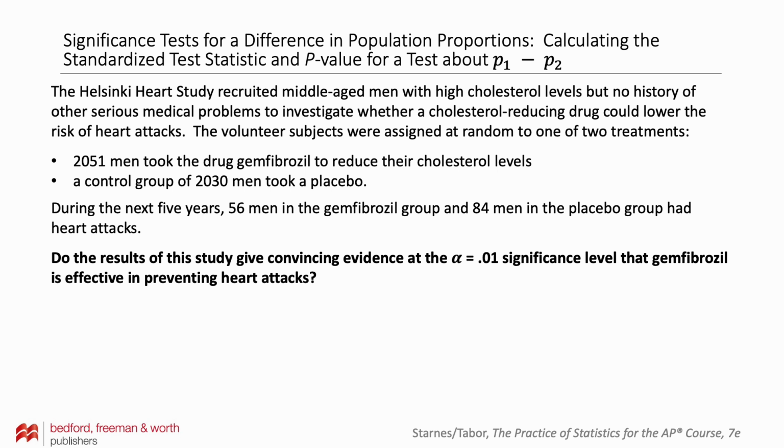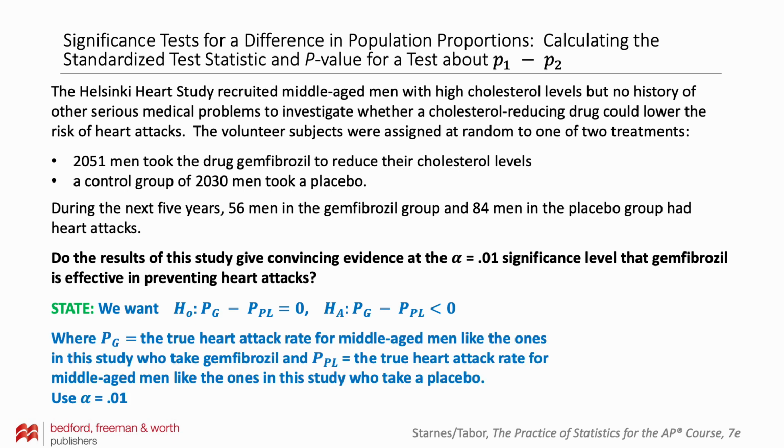So the first step is to state. We've got to state our null hypothesis. If you notice the subscripts, they are contextual. So our null is P sub G minus P sub L is equal to 0, and our alternative is that their difference is less than 0. And then we're going to define our parameters.